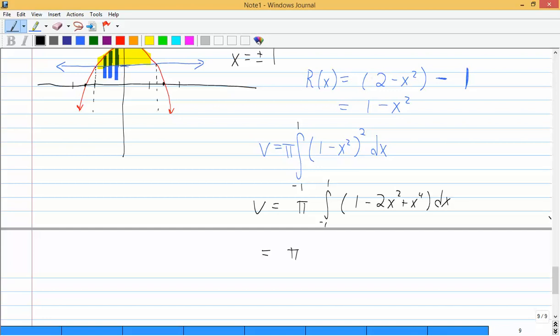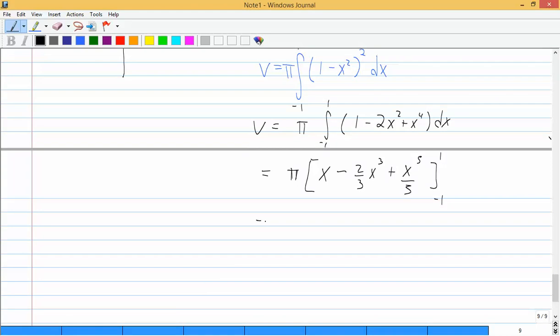So then we can integrate. So that'll be x minus 2/3 x cubed plus x to the 5th over 5. We're evaluating that from negative 1 to 1. All right, so plug in a 1. We have 1 minus 2/3 plus 1/5.